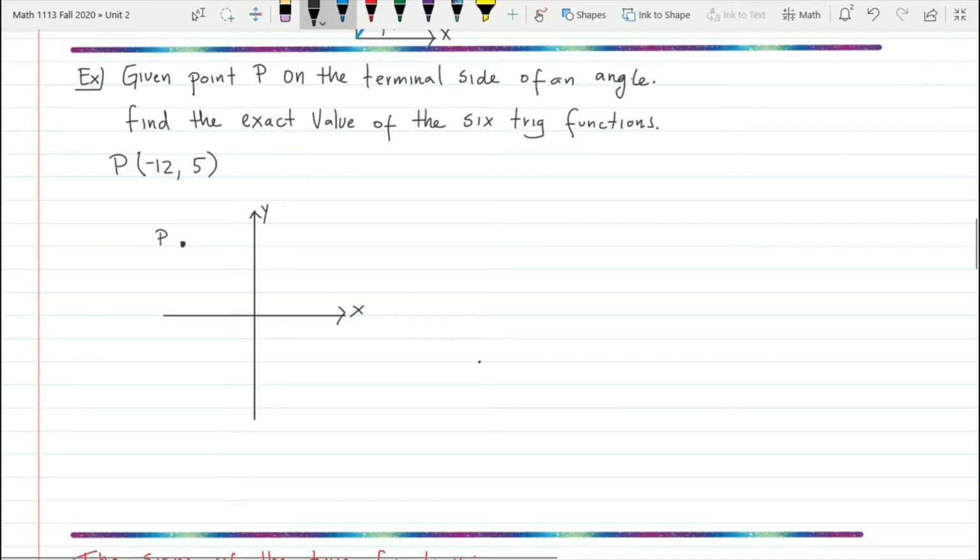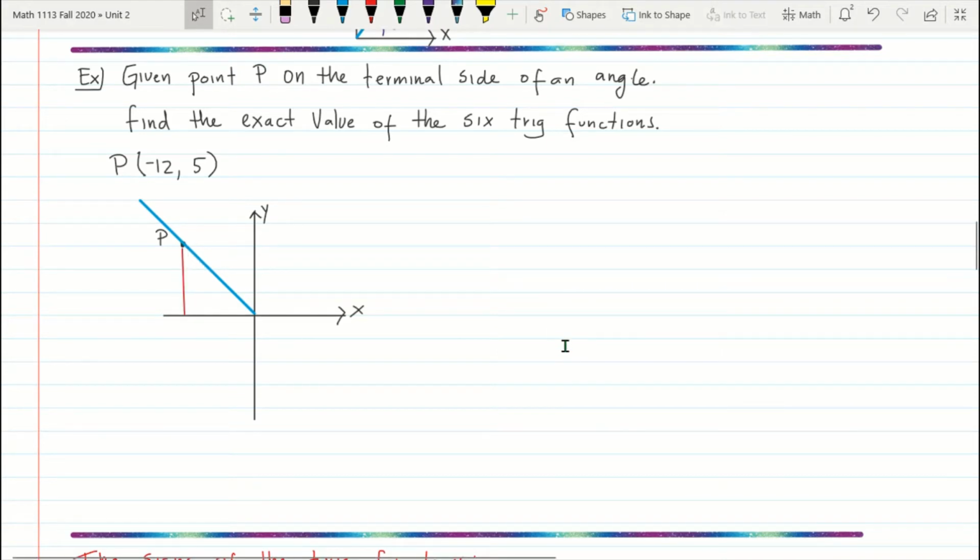Okay, so then I'm going to draw a line that connects the origin all the way up to that point. Okay, then I'm going to draw a line from the x-axis all the way up to point P, something like that.